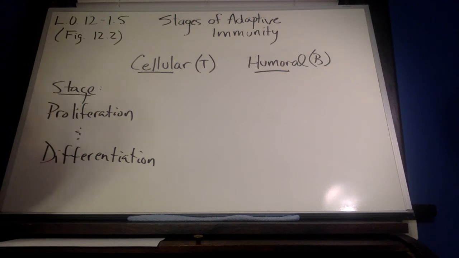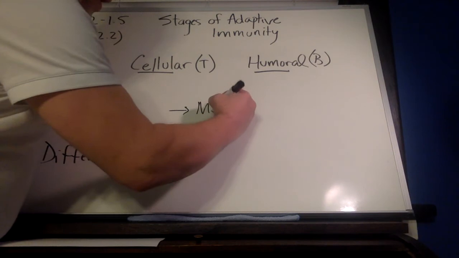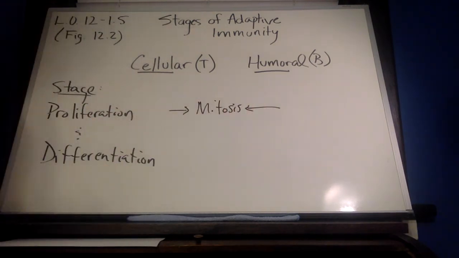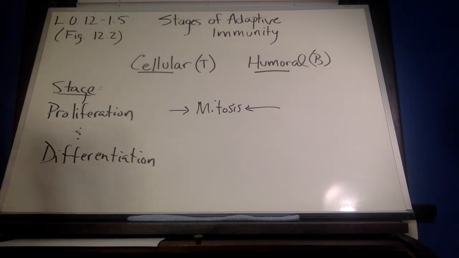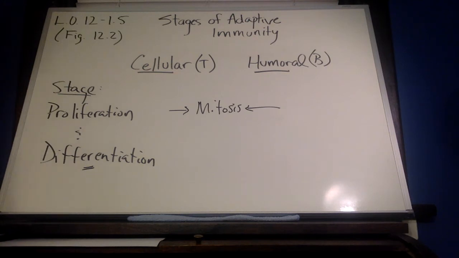So proliferation, what you notice in the picture is we started off with 1 cell, now we have 3. So proliferation is just another word for mitosis. Remember, these are eukaryotic cells. You are a eukaryote. So to undergo proliferation means we will undergo mitosis and we will make more of our cells. After we've made new cells, we will then begin to differentiate.